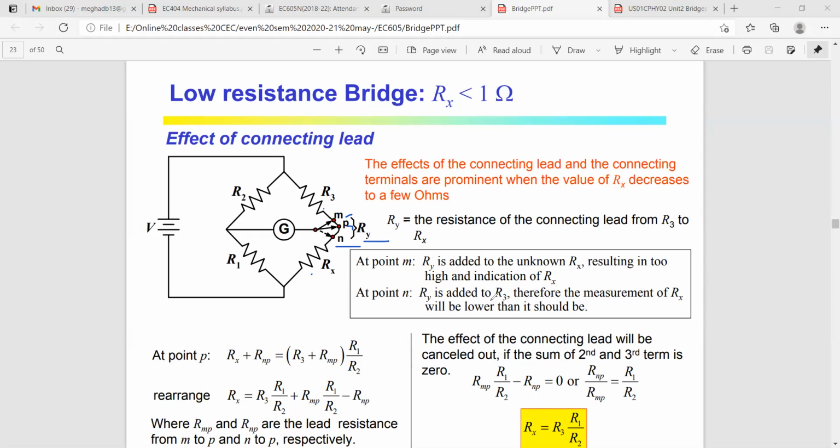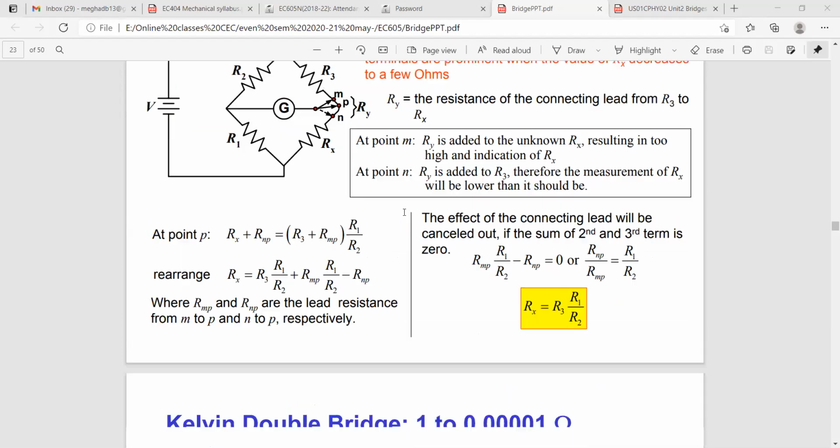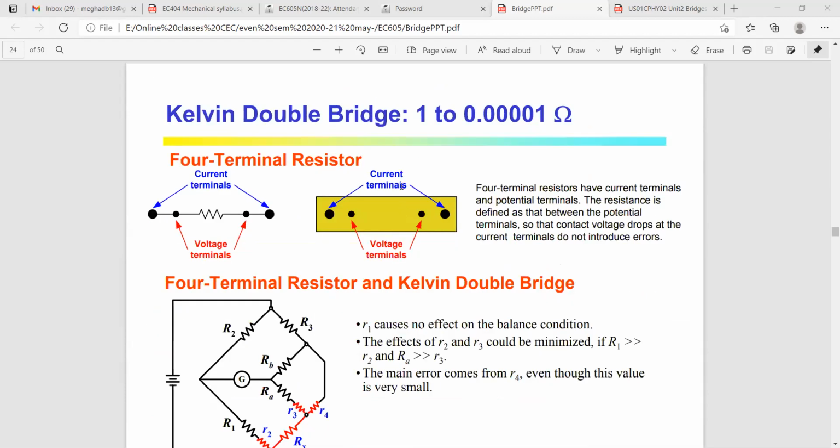Now let me tell you, before going into these things, what is Kelvin double bridge? We should discuss that first and then come to the circuit. First of all, the value of unknown resistance must be less than 1 ohm. Like the Wheatstone bridge, it will again have 3 arms, and it's a DC bridge.